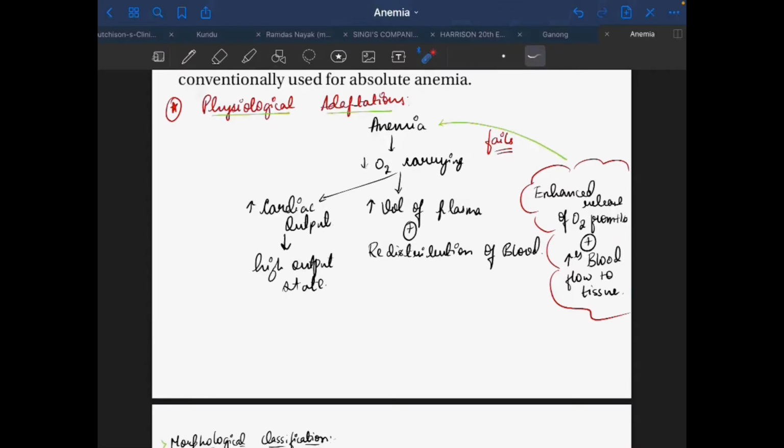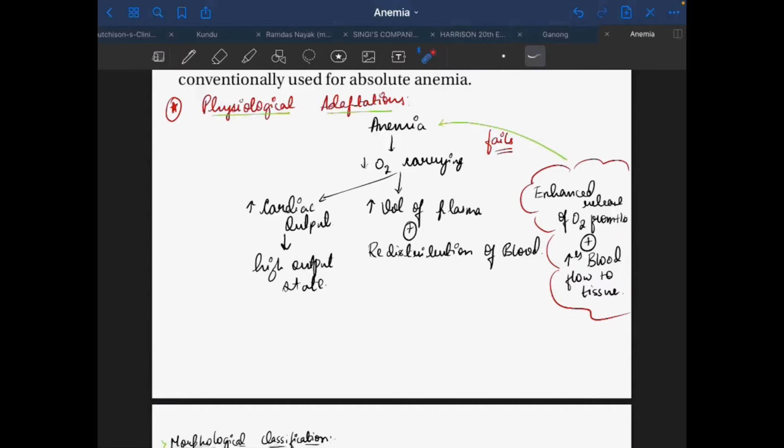Then there will be increased blood flow to the tissues. When both these mechanisms fail, the body will develop anemia. Till then, these are the compensatory mechanisms that the body will involve, that is enhanced release of oxygen from hemoglobin and increased blood flow to the tissue. This is the physiological compensatory mechanism. If the mechanism fails, it leads to anemia.